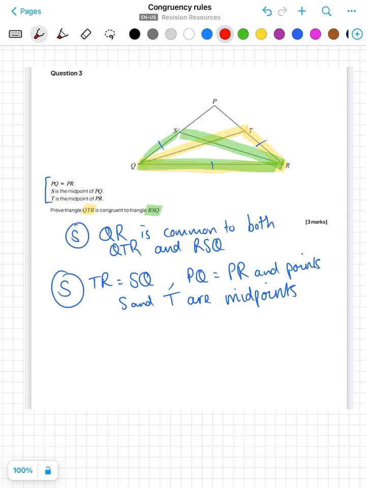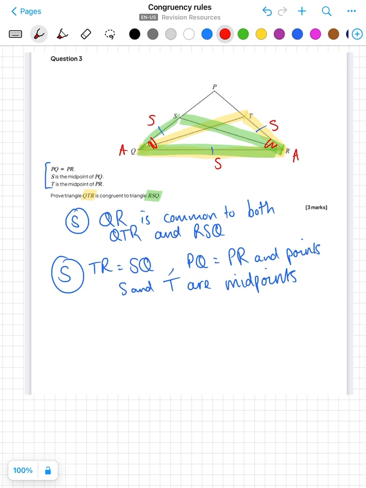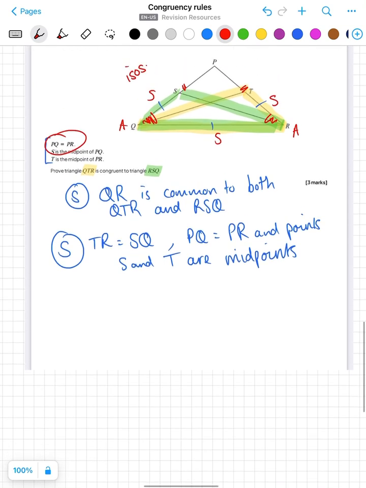But what's even easier than that in this one is to use our side angle side. Reason being is because they've told us PQ and PR are equal, which means we have an isosceles triangle to which those two angles at the bottom are equal. So this is to say PQR is equal to PRQ.